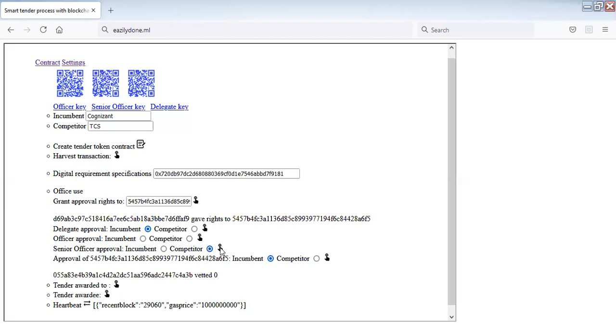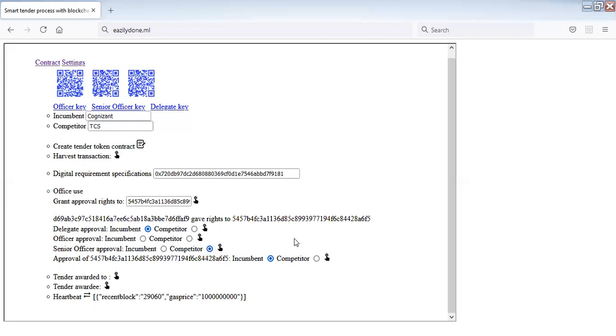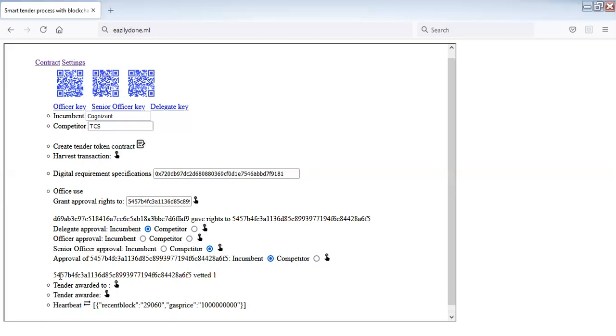Let's say the senior officer chose TCS as their preferred choice and provided a vote for TCS as a supplier, and their choice is recorded on blockchain.